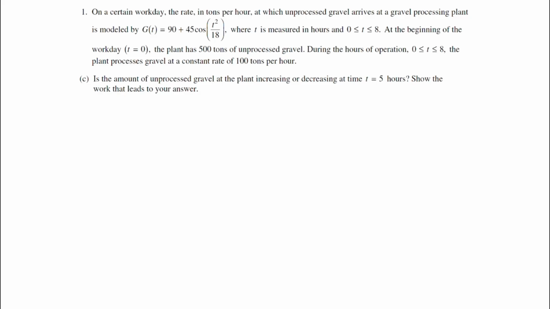So in fact, we need to name this function. We'll just call it the capital A function. A of t, this is going to be our amount of unprocessed gravel.